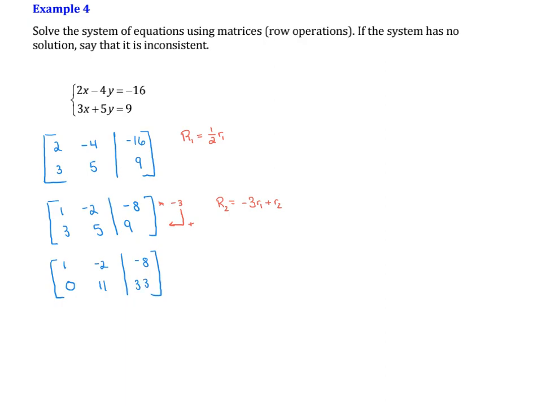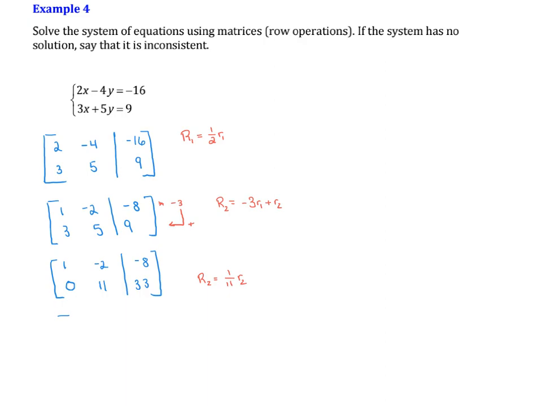Now, we move to our next column. So notice we had 1 and then zeros below it. Let's move to the next column. We need, in the next row, a 1. So let's get a 1 right here. We can get a 1 there by taking row 2 and replacing it with 1/11 of that old row 2.